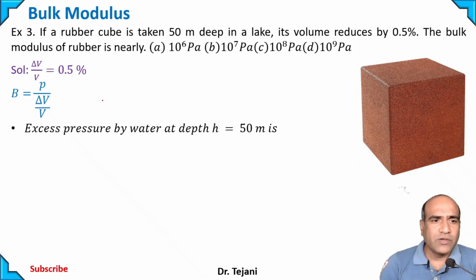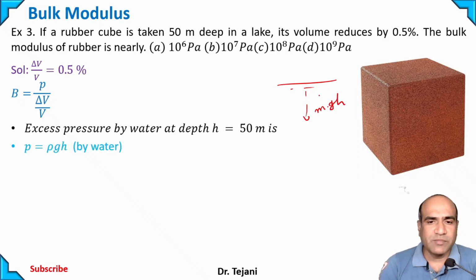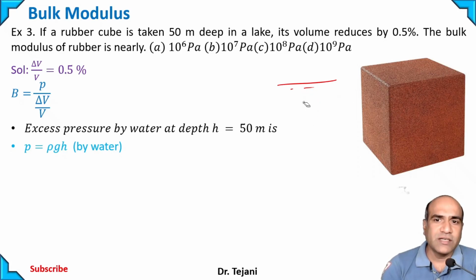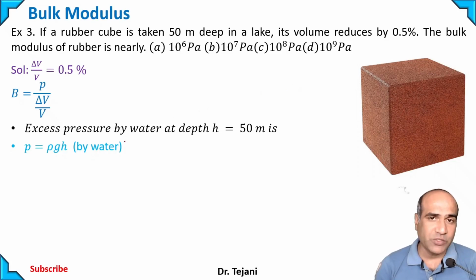So it is pressure divided by its volumetric strain. Now, the excess pressure is due to the water. Because of the water's mass, the cube is always subjected to its load, so pressure is equal to rho g h. If you wanted to find energy, we could use mgh, but here it is pressure, so it is always rho g multiplied by the height of water.